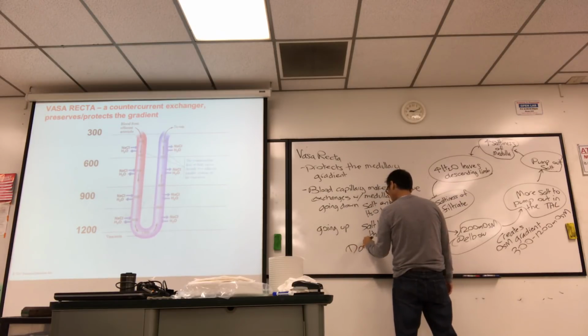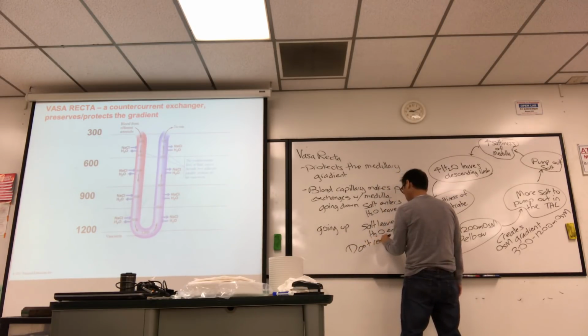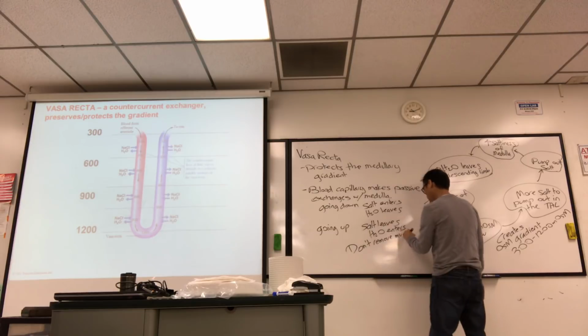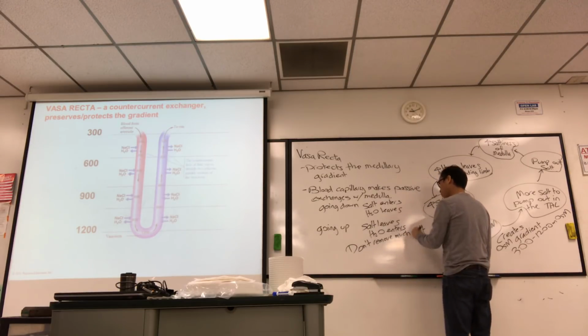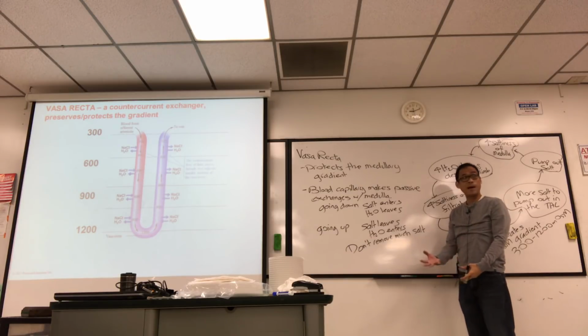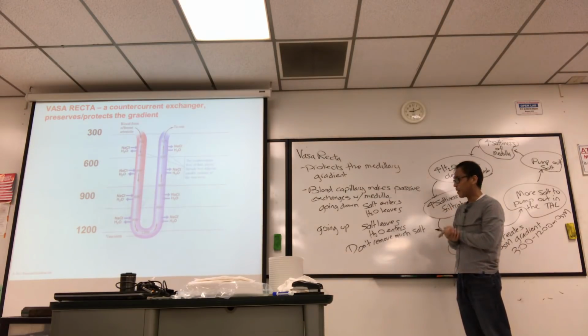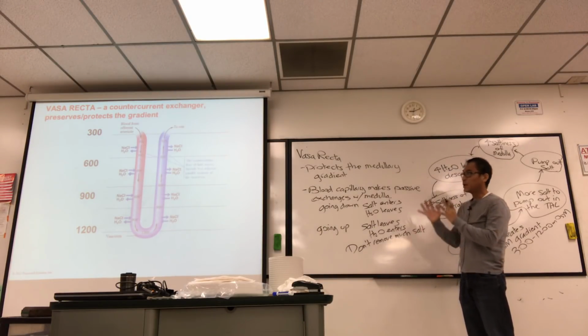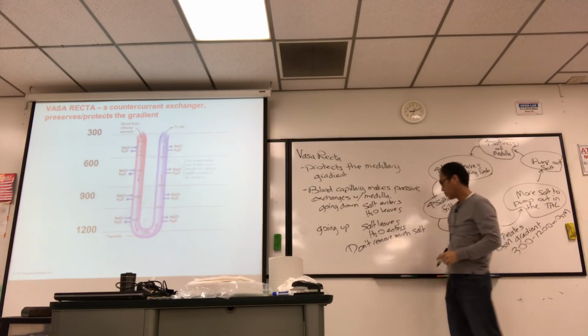So I'm writing here, you don't remove much salt, because on the way up, salt leaves, you put it back. You take it and you put it back. So you're able to just make passive exchanges, you don't remove much salt, therefore you protect the gradient.